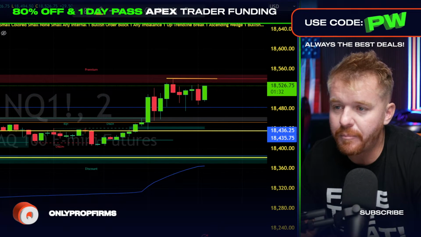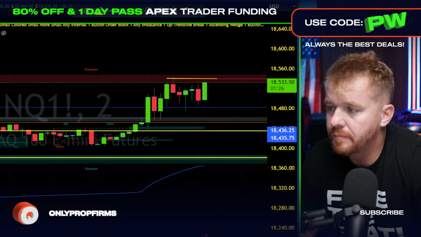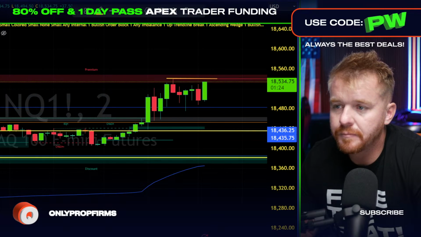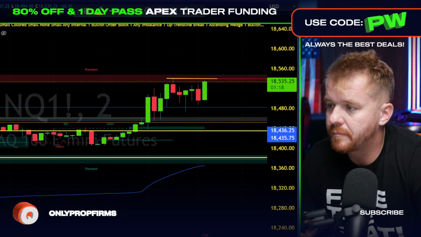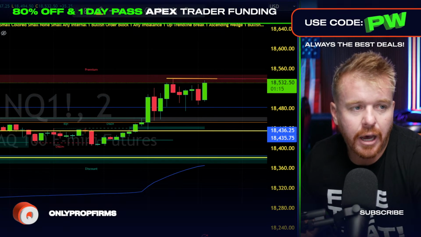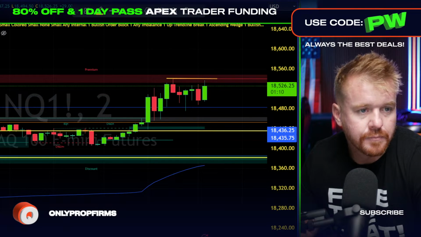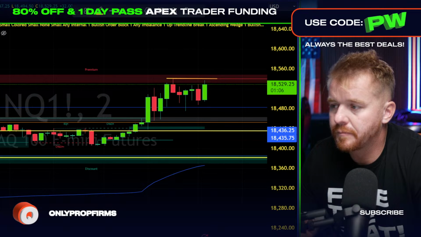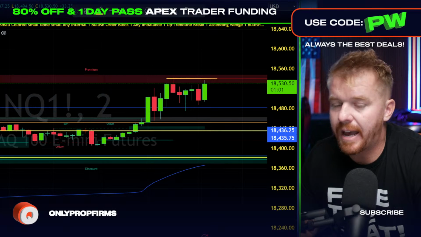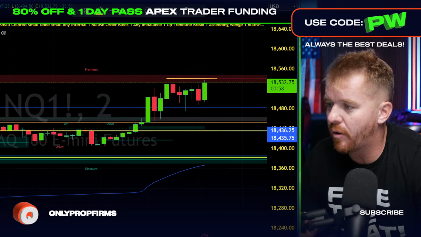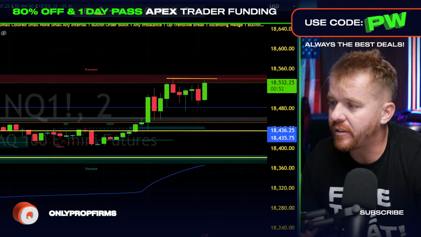Holding up there the 500s again, ripping back up. Look at that candle. Look at that candle go. 550s on the book, still heavy. 91 contracts up there. They can push through that 40 area, go right up there to the 50s next.